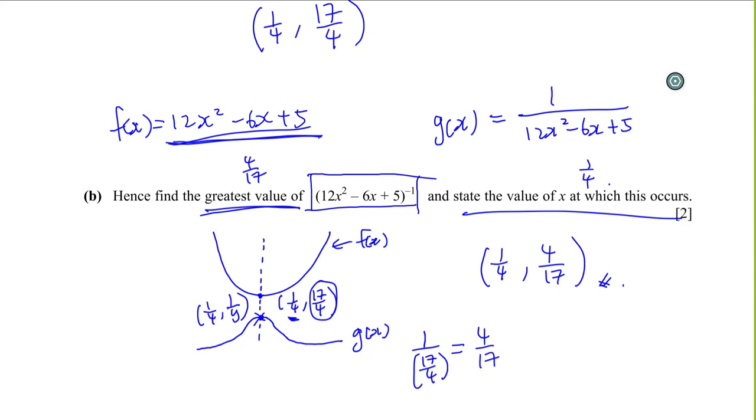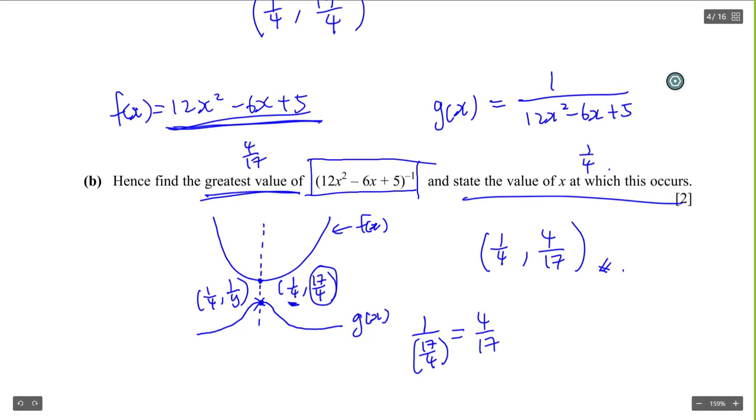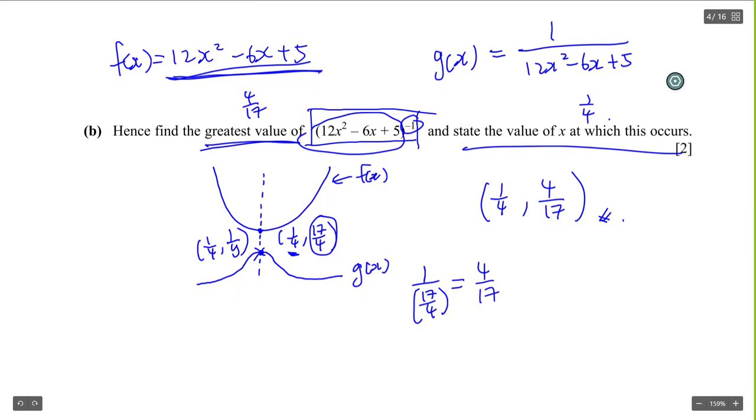So over here, what I can tell you is whenever you see a quadratic to the power negative 1, you remember the x value will be the same, but the y value will be 1 over y. Yeah, this is what happened. If you want to know more about why this occurs, then maybe you need to go to Google. Or if I have time, I will make a separate video for this part.